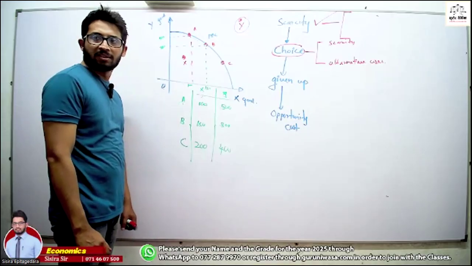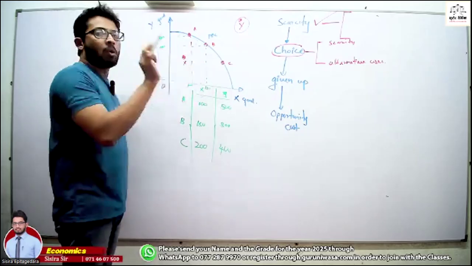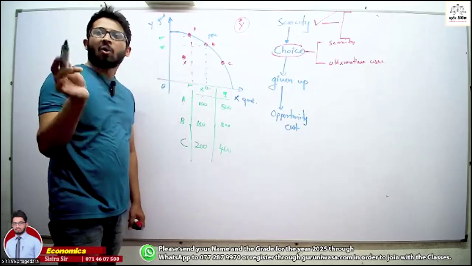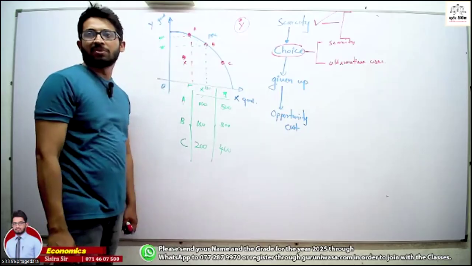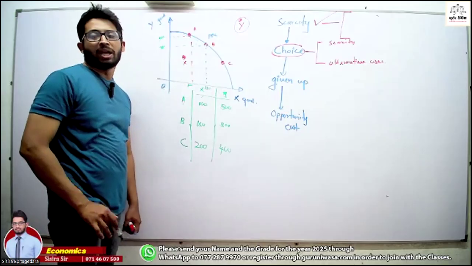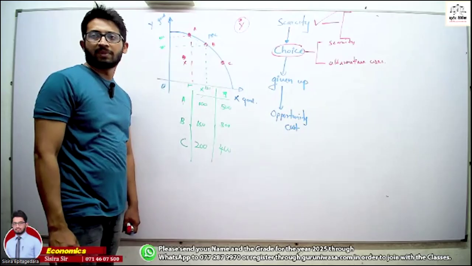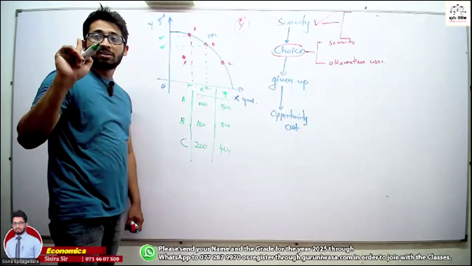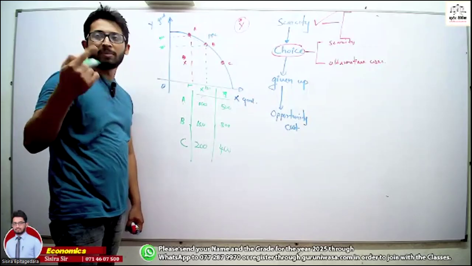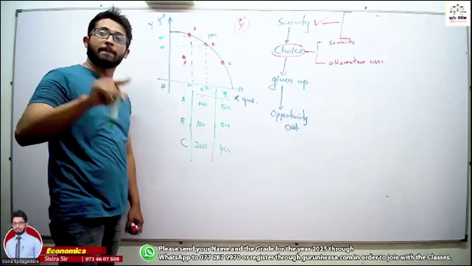Remember, all points on the production possibility curve or inside the production possibility curve show the alternative uses. Is that clear? But the economy has to make a choice. It means the economy has to choose one of them.